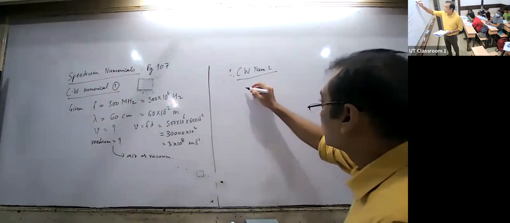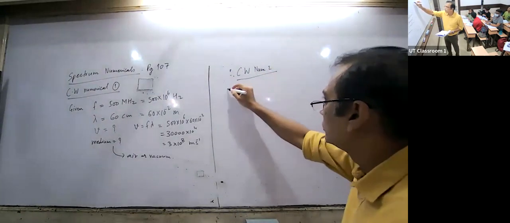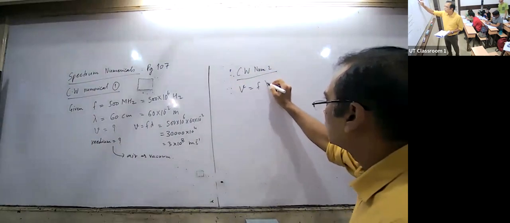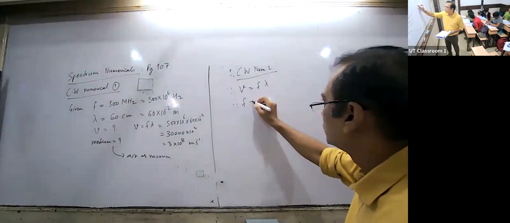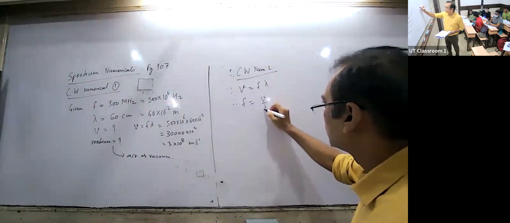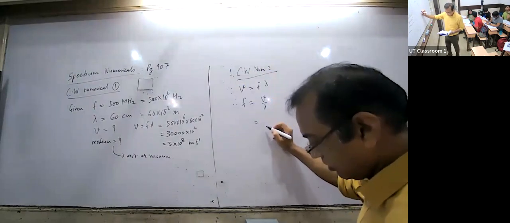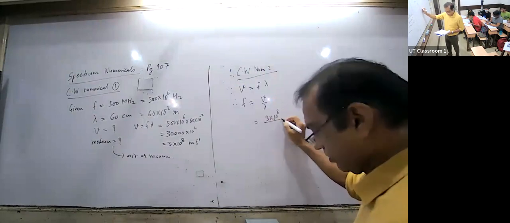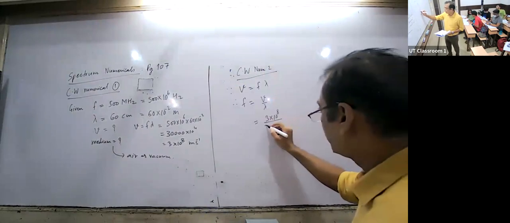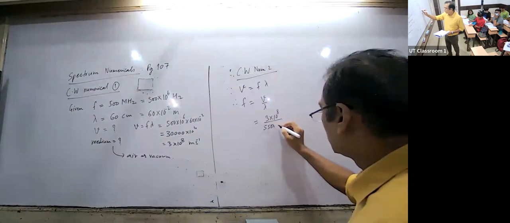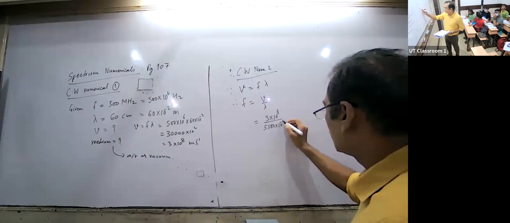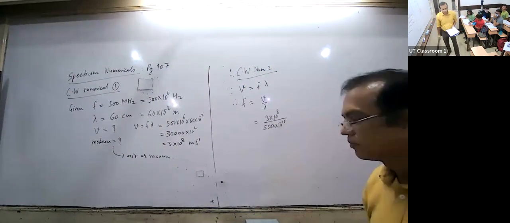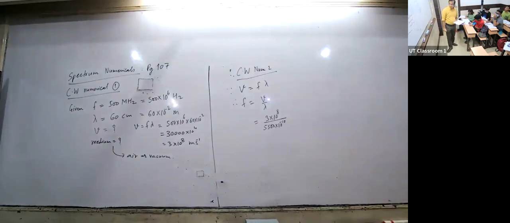So calculate the frequency. So what is it? C is equal to lambda into f, so f is equal to C by lambda. C is given as 3 into 10 raised to 8. Wavelength is 50 by 100 angstrom. Angstrom is 10 raised to minus 10 meter. Okay. So how much is this?